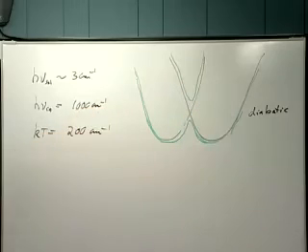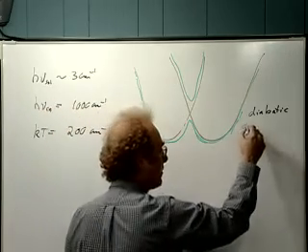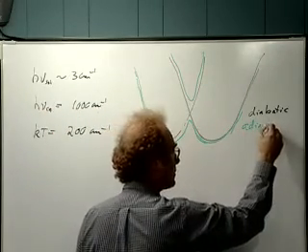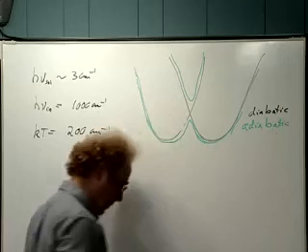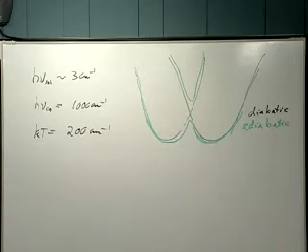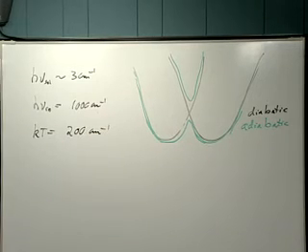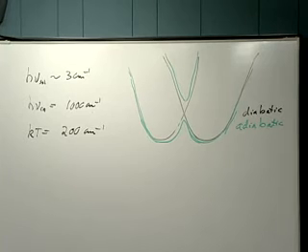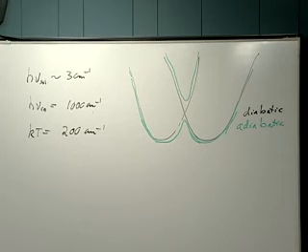Okay. And these green surfaces are called the adiabatic surfaces. The adiabatic are the true surfaces. They're the actual surfaces that the real molecule moves on, whereas the diabatic are the fake surfaces.